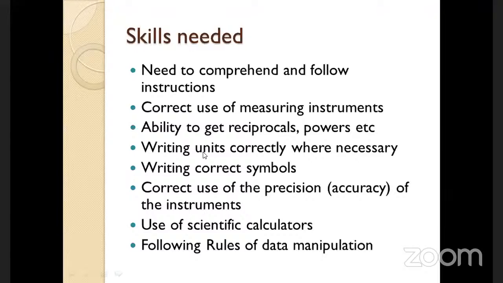Oh, thank you. I'm trying to talk about the correct use of the measuring instruments. I know later on we're going to look at some of the measuring instruments, but we should be preparing our minds to discuss them.